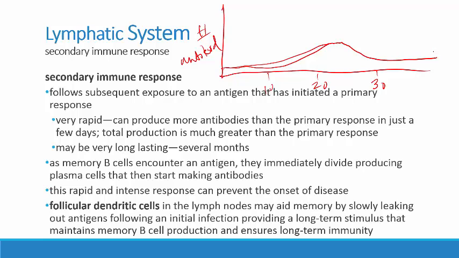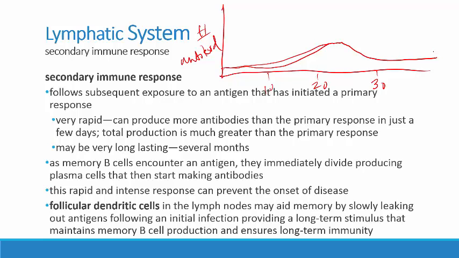And so as they grow and divide, they're going to be releasing colony-stimulating factors. We're going to see more and more B cells that are sensitized to the particular protein or antigen, and those B cells are going to make plasma cells. The plasma cells are going to begin releasing antibodies very, very rapidly.